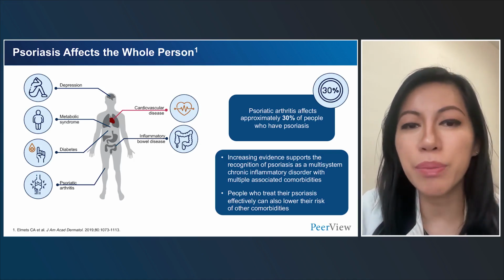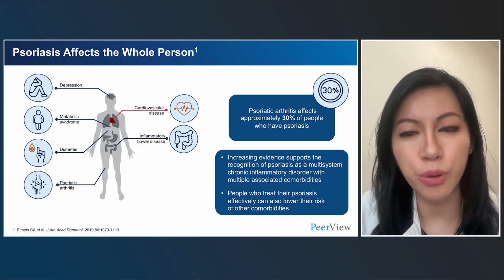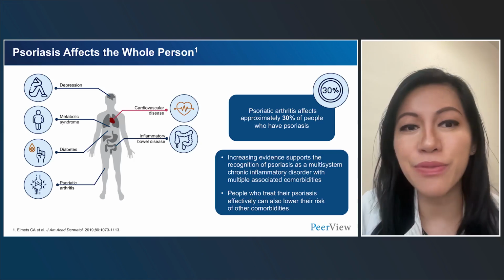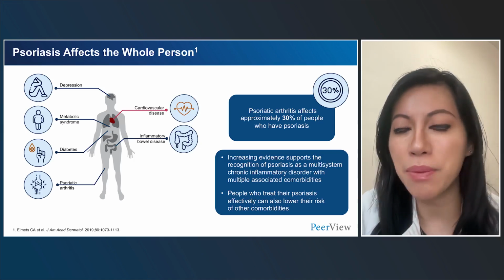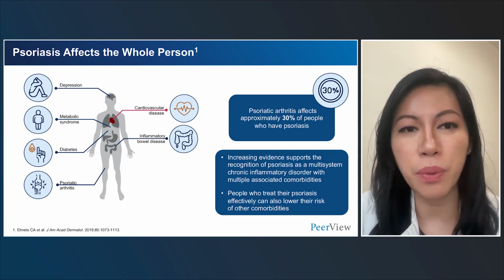Importantly, about a third of patients will develop psoriatic arthritis. That's something very important to keep in mind, and we'll come back to this important point later on as well.